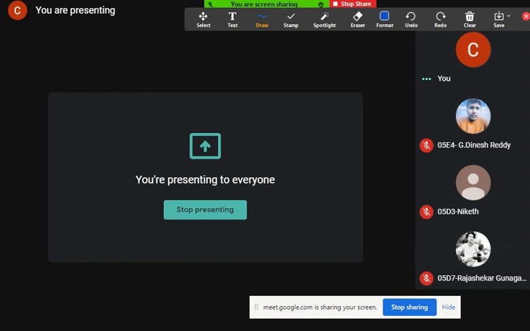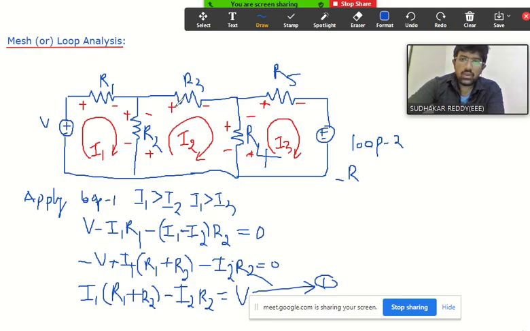When it comes to R3, the current here is I3, right? Now, what about R4? What is the current passing through R4? Is it I2 minus I3 or I3 minus I2? It should be I2 minus I3 only. Why?